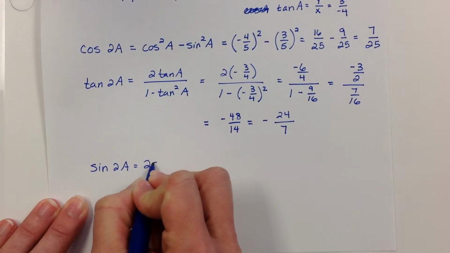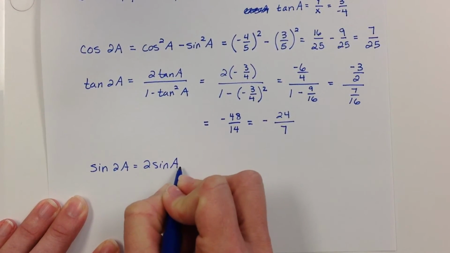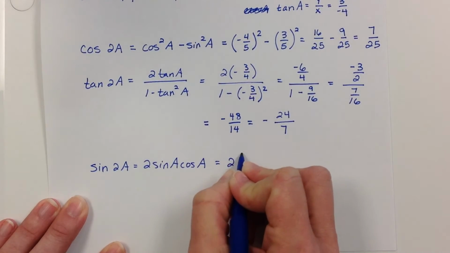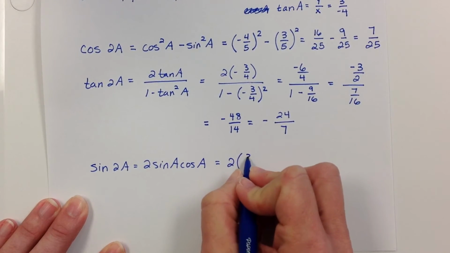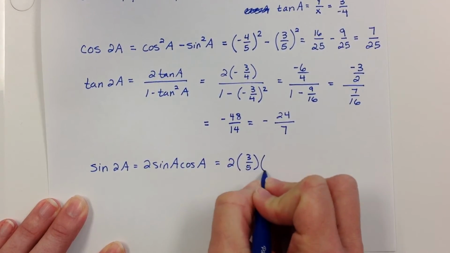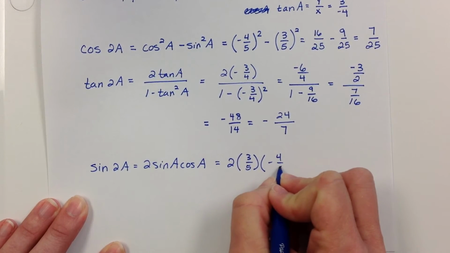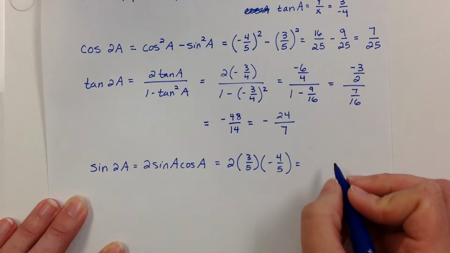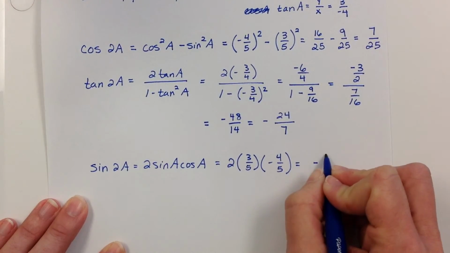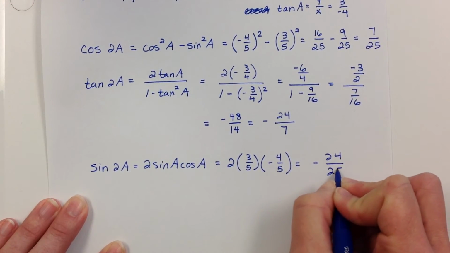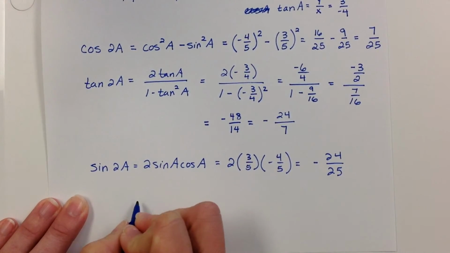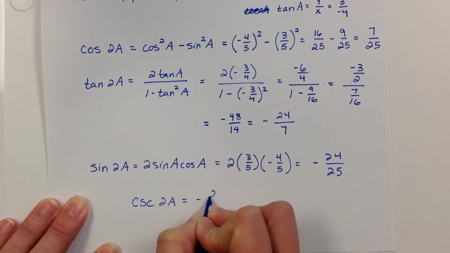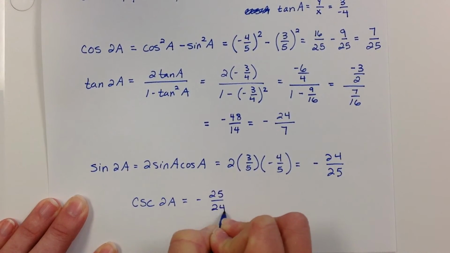That's 2 times sine A times cosine A. Sine A was 3/5, cosine A was negative 4/5. Just do the multiplication there, and we will have negative 24 over 25. Therefore, cosecant 2A would be negative 25 over 24.